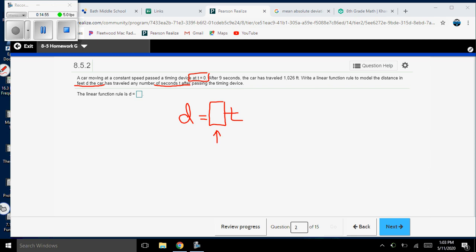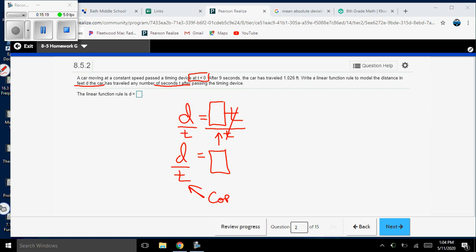Therefore, if you divided both sides by t, you would be able to get that box. So this box could be calculated by simply dividing by t. The t's cancel out, so box equals d divided by t, and that represents your constant of proportionality.